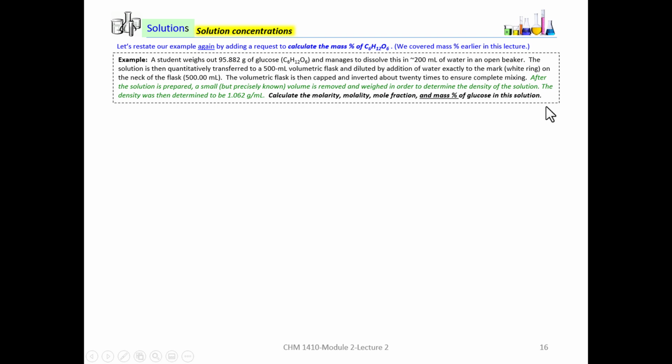I've worked my way up here to being able to calculate all 4 of these quantities from this information. And the reason I've done this is that it's not unusual for students to see problem sets where you'll be asked to calculate several different concentration units from the same piece of information.